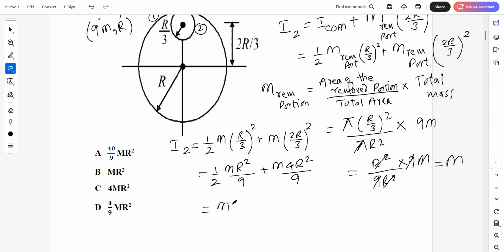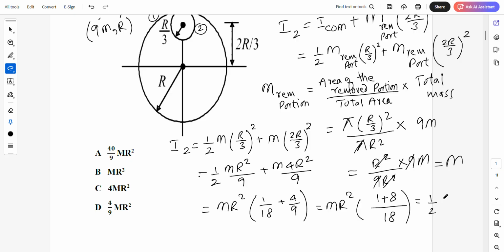I can take mr square as common here. I can write this as 1 by 18 plus 4 by 9. That is equal to mr square by 18 into 1 plus 8. That is equal to 9 by 18, which means 1 by 2 mr square.